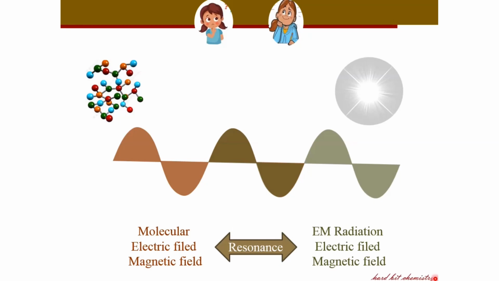And at that state, we can say the molecule is in resonance with electromagnetic radiation, or the molecular electric field component, its energy, its frequency are in resonance with the respective component of the radiation.